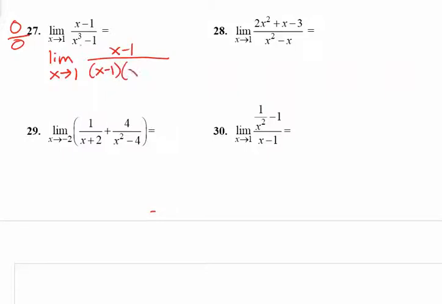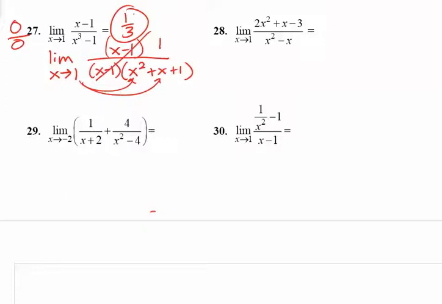So the difference of cubes factors, and now the factor that causes the hole in the graph has canceled, so now we can find our limit by plugging the hole. Put 1 in for x, and we'll get our limit of 1/3.